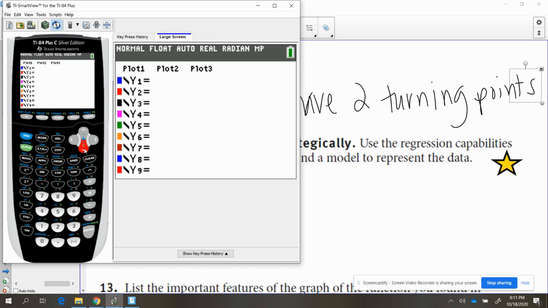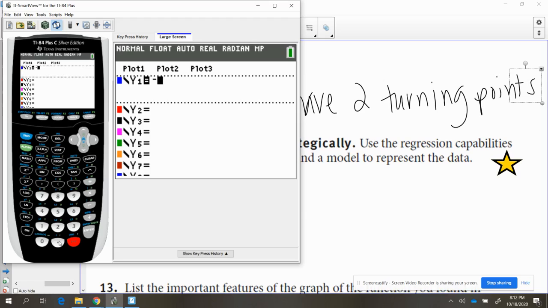What we're going to see is that that equation comes out to be negative 0.05x cubed, 14.937 squared, and then minus 103.359x plus 239.810.